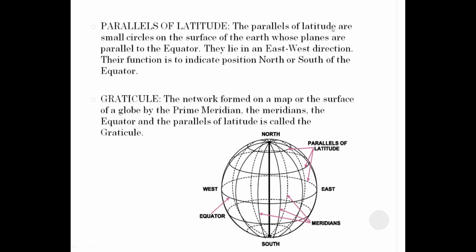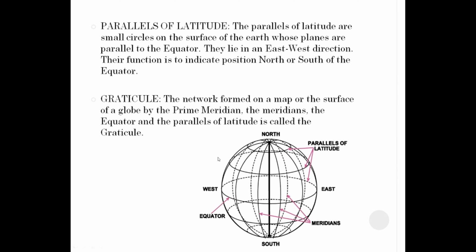The parallels of latitude are small circles on the surface of the earth whose planes are parallel to the equator. They lie in the east and west direction. Their function is to indicate position north or south of the equator. So look here, this is called a parallel of latitude, or we can also define it as a small circle.